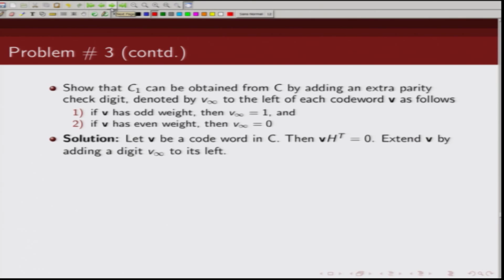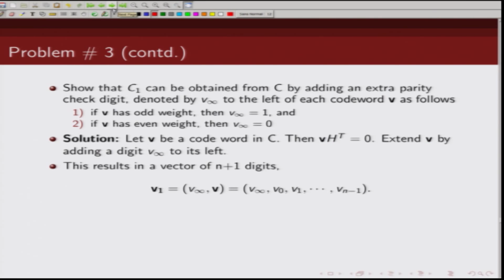Let V be a code word in C, then V H transpose will be 0. Now, we are extending this original code word V by adding a bit V infinity to its left. So, we are defining a new code word of length n plus 1, which is defined as follows.